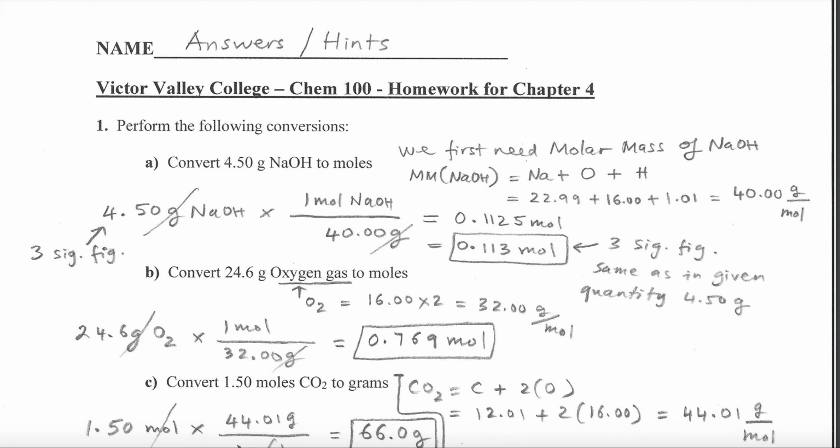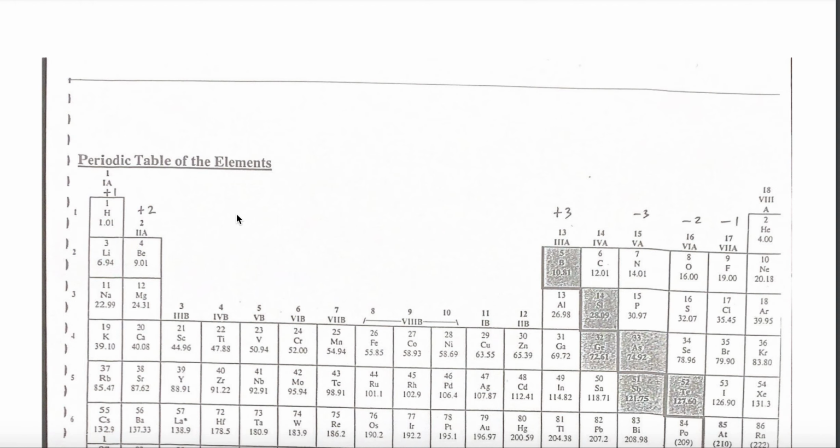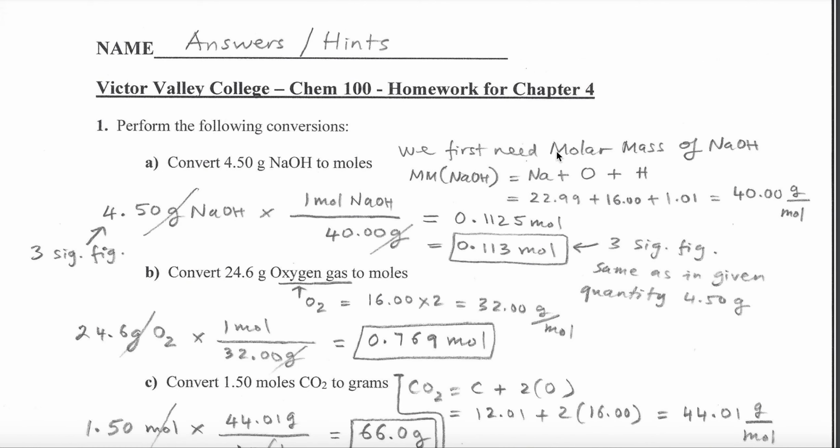You look up on the periodic table: sodium is 22.99, oxygen 16, and hydrogen is 1.01. So here we go, we add them all up. It should be right on 40.00. For molar mass, I usually keep 2 decimal places. That way we have plenty of significant figures.